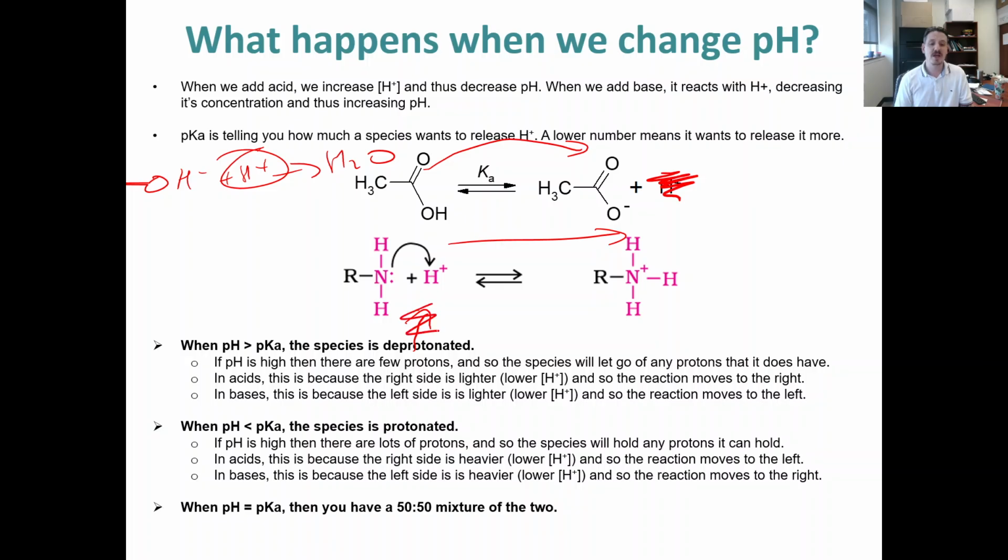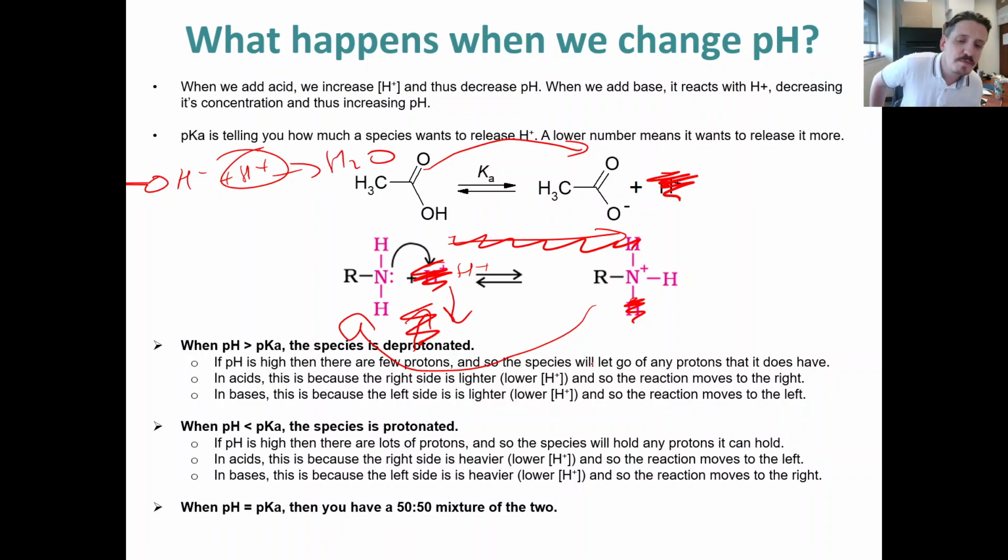On the other hand, if I was to remove some protons, increase the pH by adding a stronger base, then that means I haven't got as many protons. And so the product is going to break down back to reactants in order to lose a proton and restore the protons over here. And that's the basis of buffers.